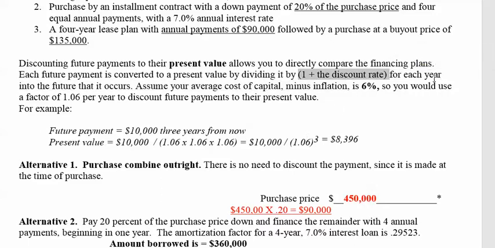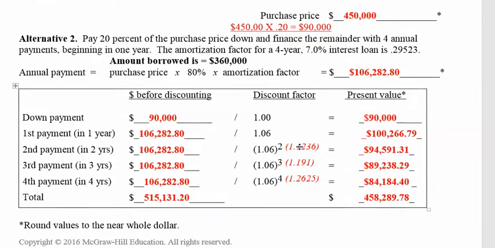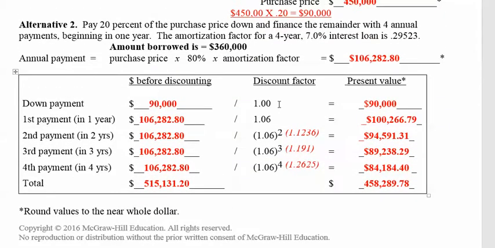So 1 plus 6%, or 0.06, so 1.06 to the nth power, n being the number of years. For example, after 1 year, we simply divide by 1.06 because it's only 1 year. 106,282.80 divided by 1.06 is $100,266.79.